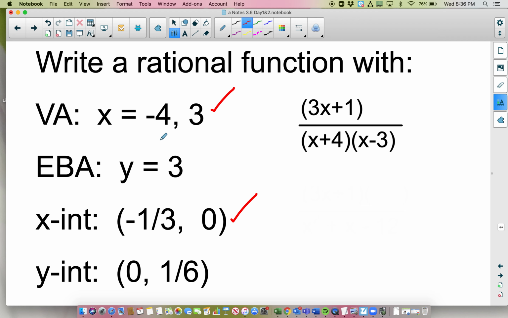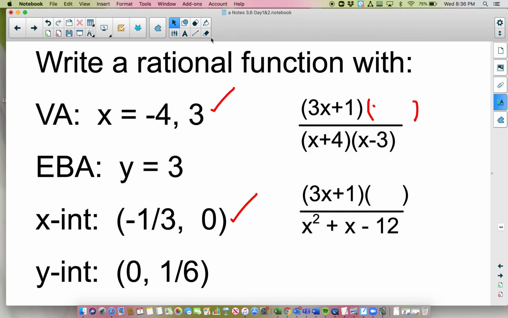Now the end behavior asymptote of y equals 3, well, since it's y equals, it's just a horizontal, right? So I know my degrees need to be the same. Well, right now I have quadratic on the bottom and I have a linear on the top. So I know I'm going to need another factor, or at least another x, to make those degrees the same. Actually, let me FOIL out the denominator.